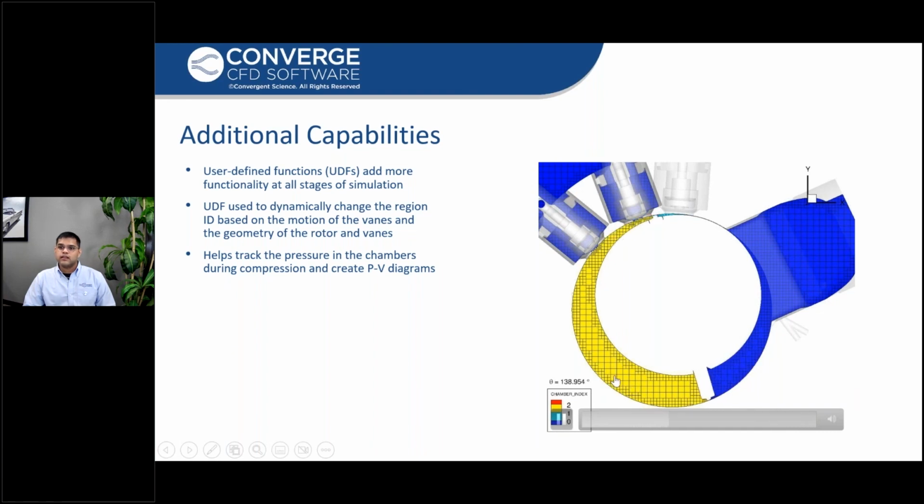You can see that at any given time we'll have 3 different chambers in the rotor in the compression region, and we can use this feature to calculate the pressure and the volume of any given region, and thus help us build the indicator diagram.